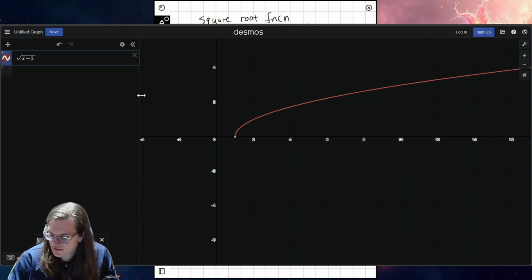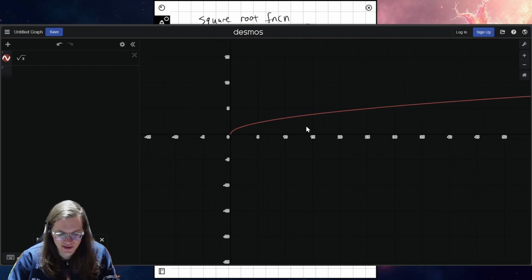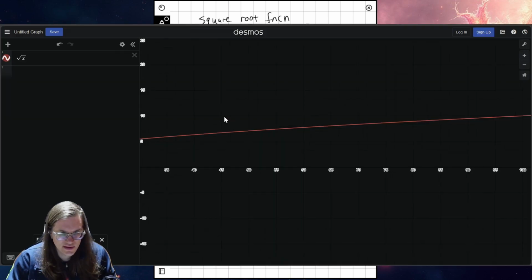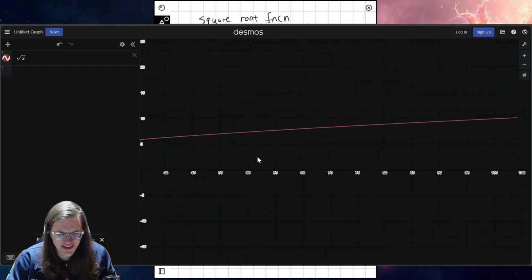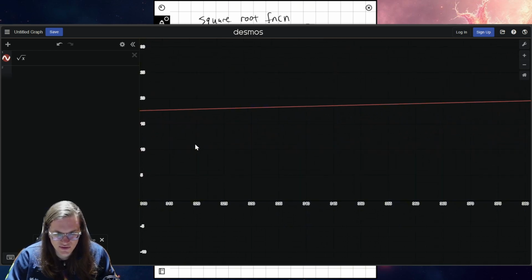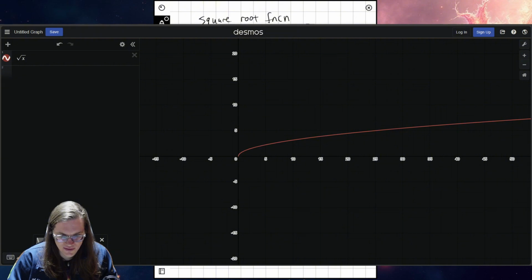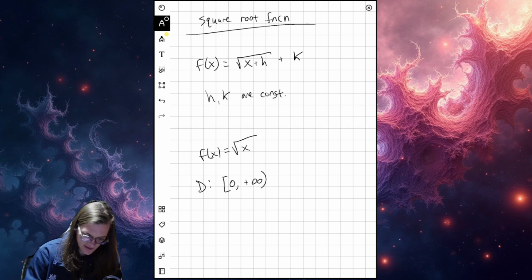And let's see, with my example, what is the domain of the basic square root of x function? Well, there doesn't seem to be any x's over here, right? And then I can assume that it's going to go to infinity in the positive x direction. So that allows me to say the domain will be 0, including 0, to positive infinity, okay?